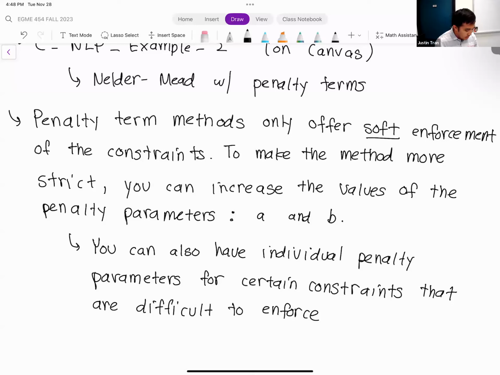Any questions on this? Exactly, right. And you have a lot of freedom in terms of how many penalty parameters that you can include as well. And so, I will say that, for my own solution for the final project, I used 4 different penalty parameters.